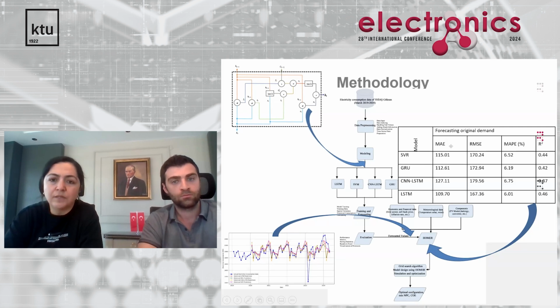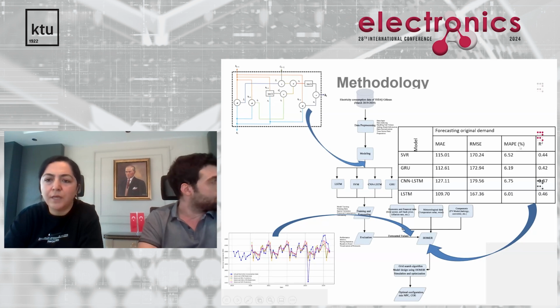As seen in the table, forecasting original demand table, various performance metrics were used. These metrics include RMSE, MAPE, and R squared.